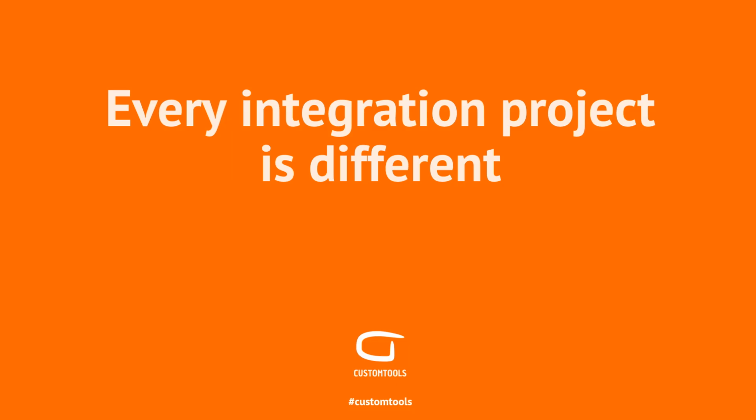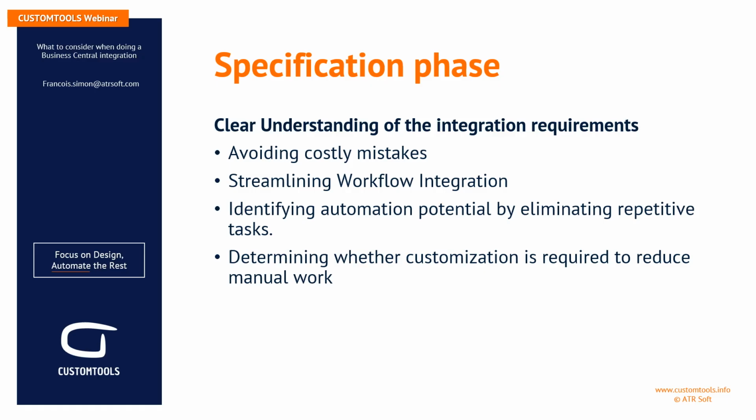Here we have an overview of how we typically conduct ERP integration projects with 4 main phases. Something that is very important to mention is that even if we integrate to the same ERP system, every ERP integration is different from each other.